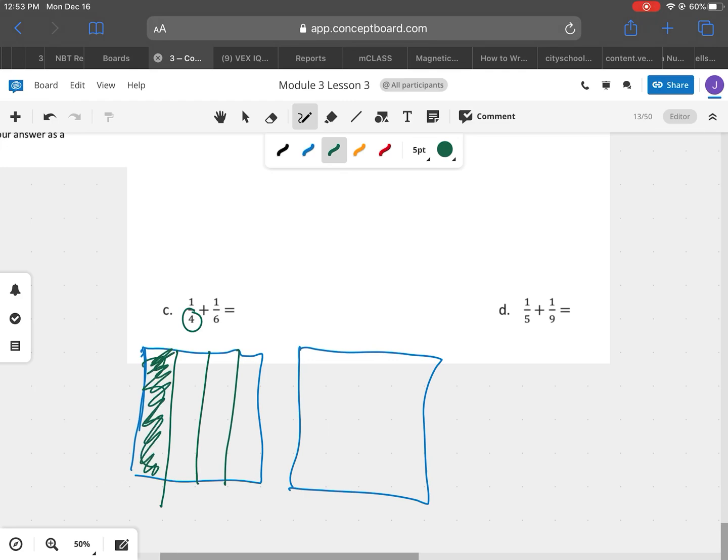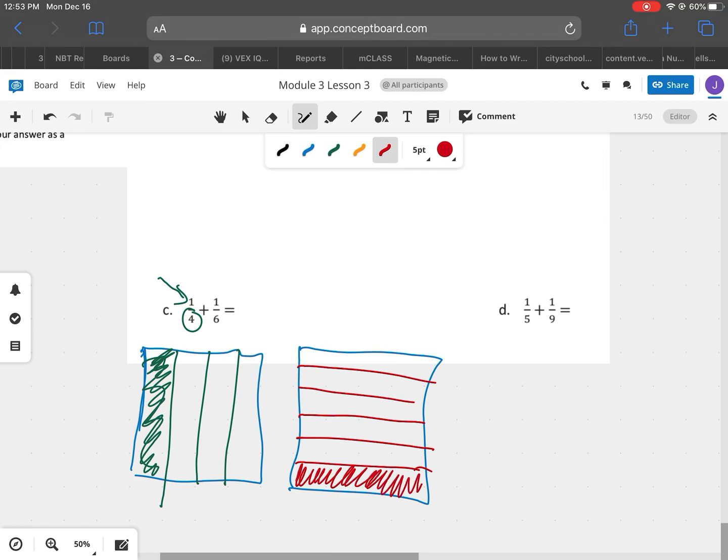I'm going to shade in 1 of them because it says 1 on top. On the next one, I'm going to cut it into 6. There's thirds. I'm going to cut those in half. And now I have 6. And now I have 1/6. I have 6 sections and 1 of them shaded in.